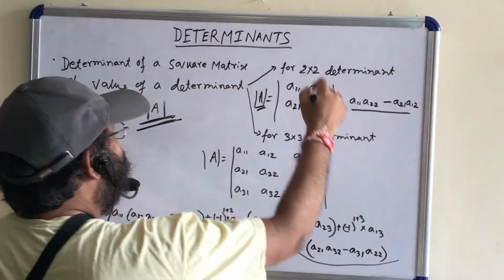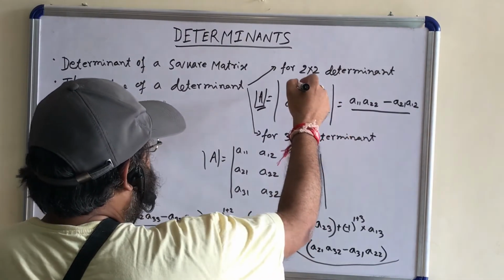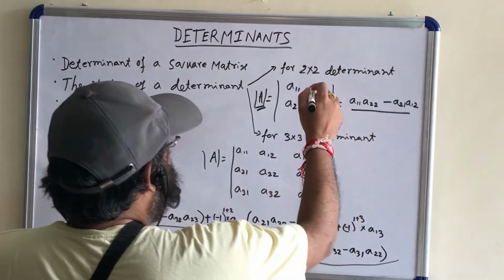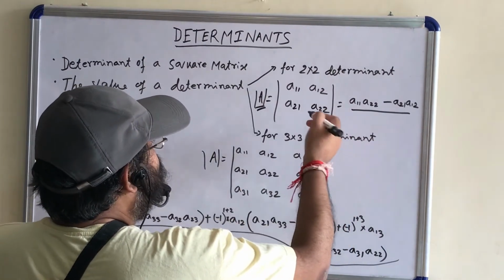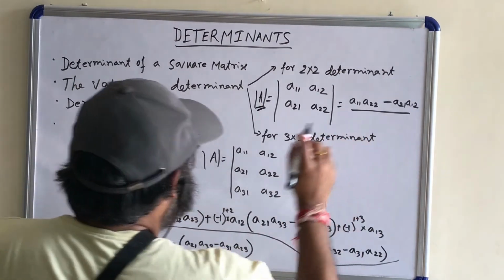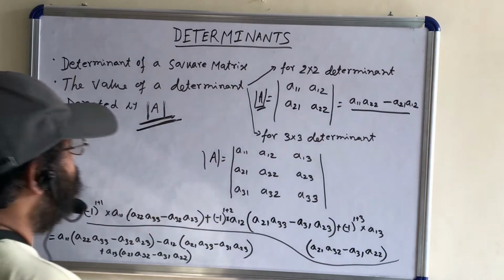That is like a cross multiplication: first row, first column into second row, second column, minus first row, second column into second row, first column. That is the value of a 2 by 2 determinant.